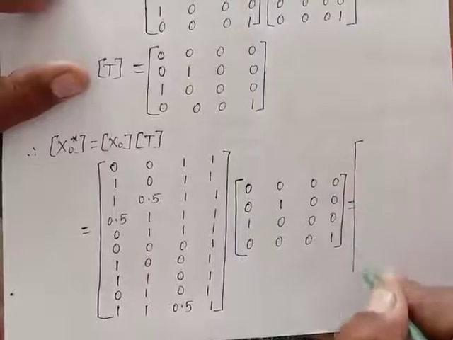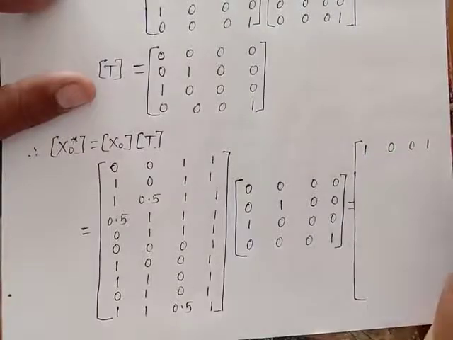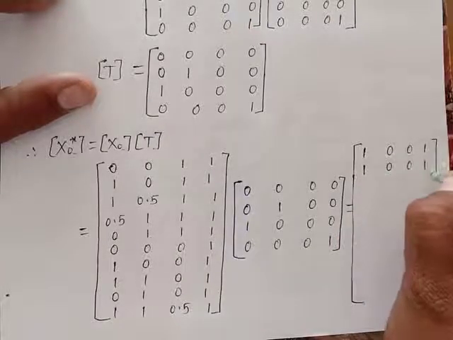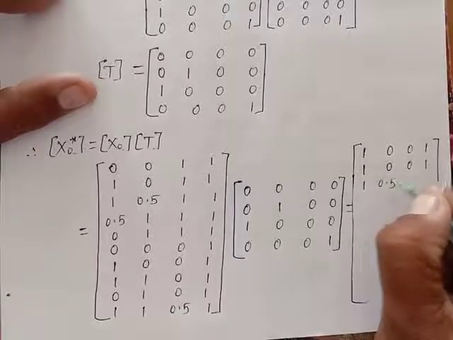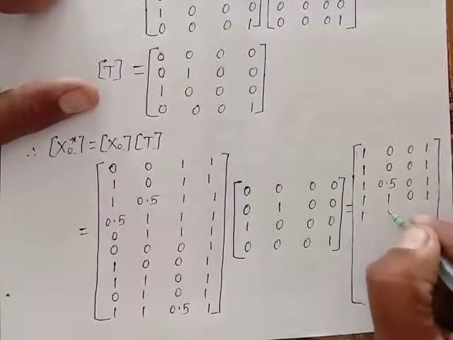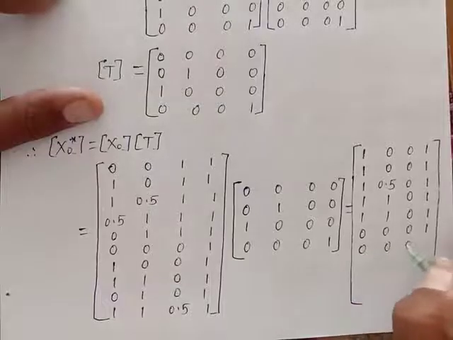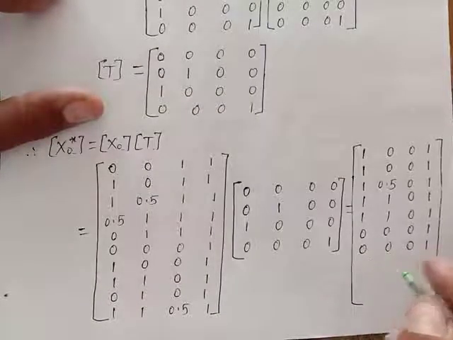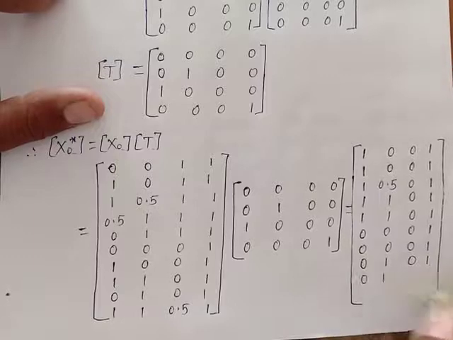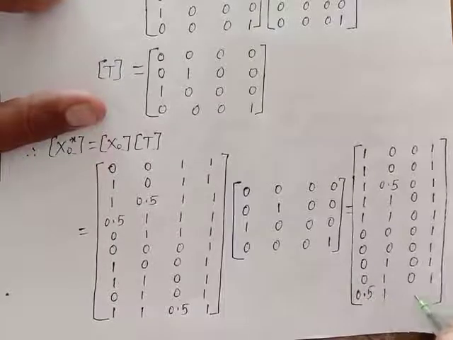So what was the resulting matrix? The resulting matrix is 1 0 0 1, then 1 0 0 1, 1 0.5 0 1, 1 1 0 1, and so on, ending with 0 1 0 1, again 0 1 0 1, and at last 0.5 1 0 1.